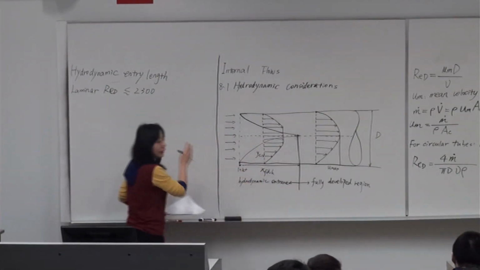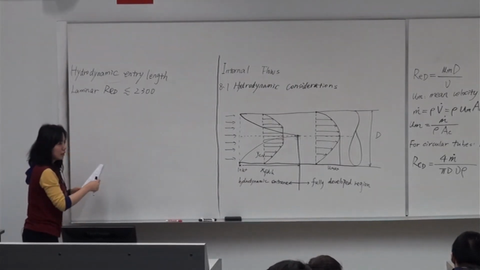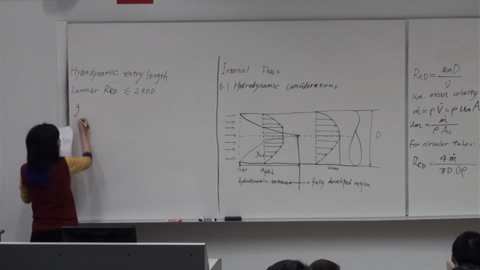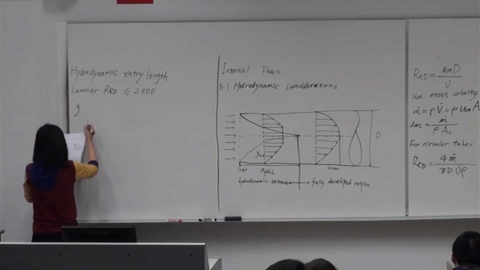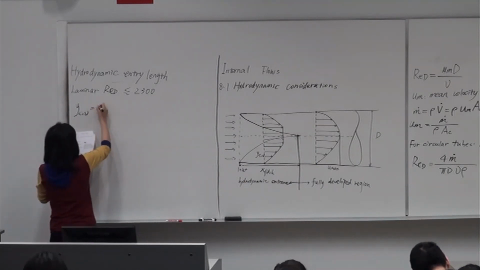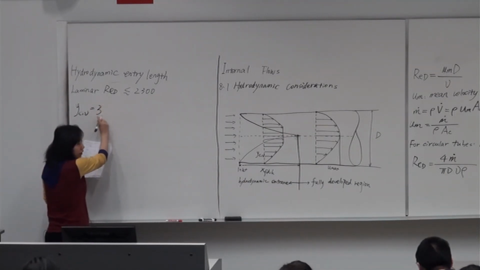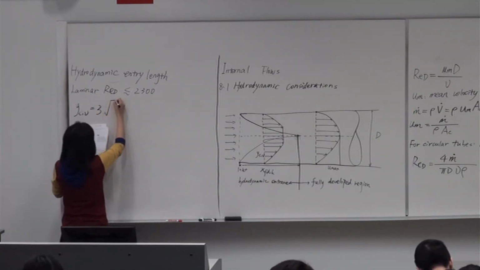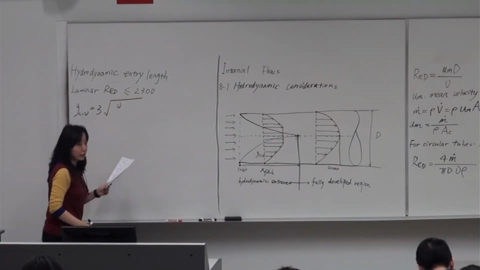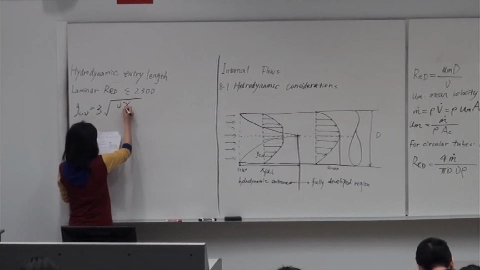For the laminar case, it was given in the formula sheet we learned in external flows. The viscous boundary layer is given by the coefficient 3 times the square root of the kinematic viscosity times x.